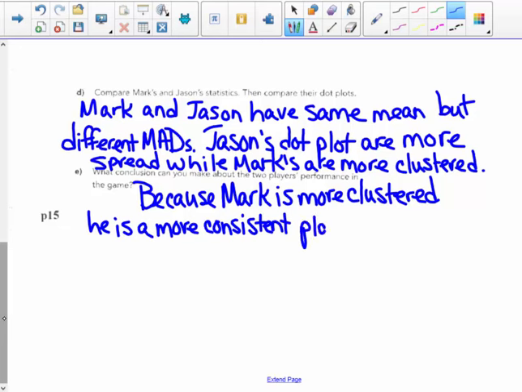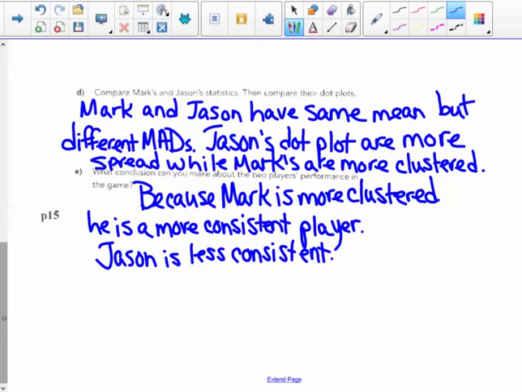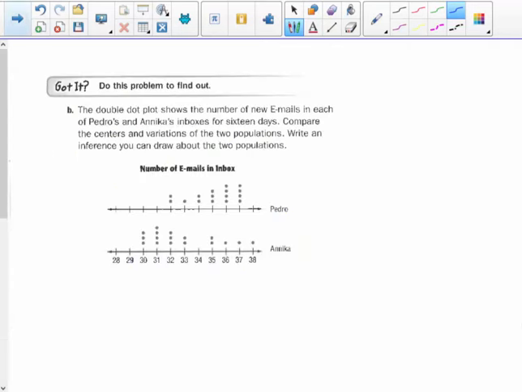He must have better skill than Jason. Jason is less consistent. They have the same average, but Mark plays a more consistent game. Jason plays a less consistent game. So on to the next page.